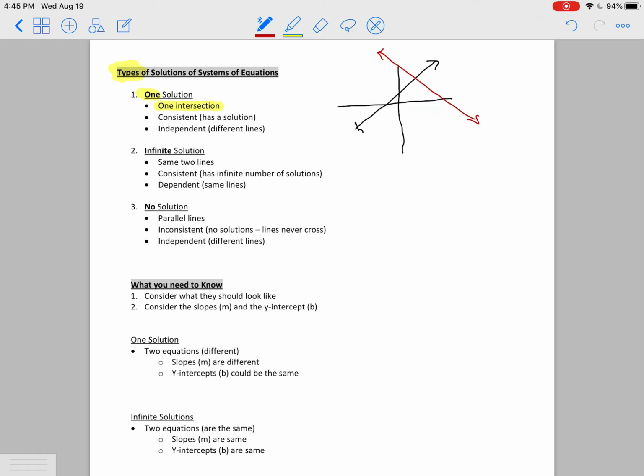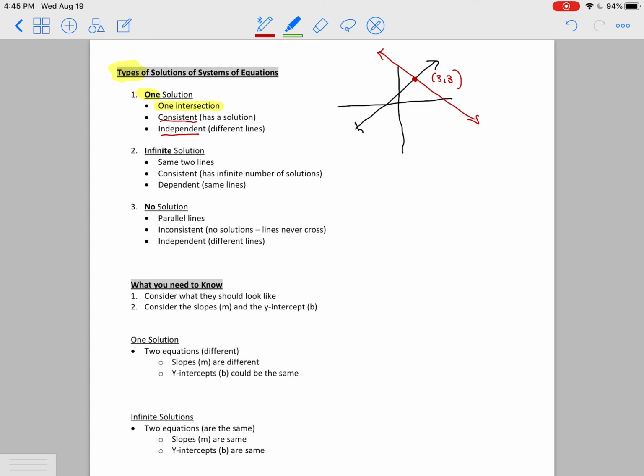So this is our system, one equation and another equation. And right here, just for grins, let's call this 3, 3. There's one intersection, one solution. We call this consistent because it has a solution, right? And we call this independent because these lines are different. You can see they're running in different directions.